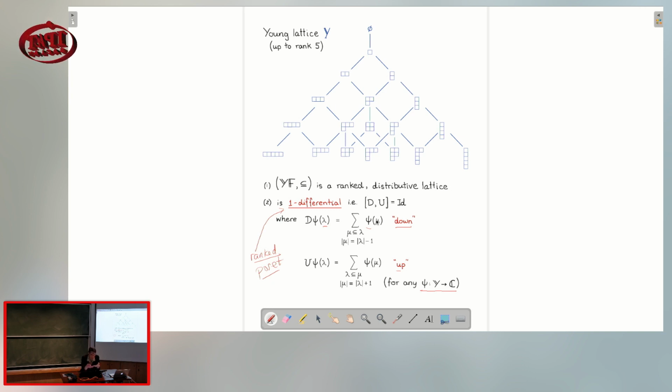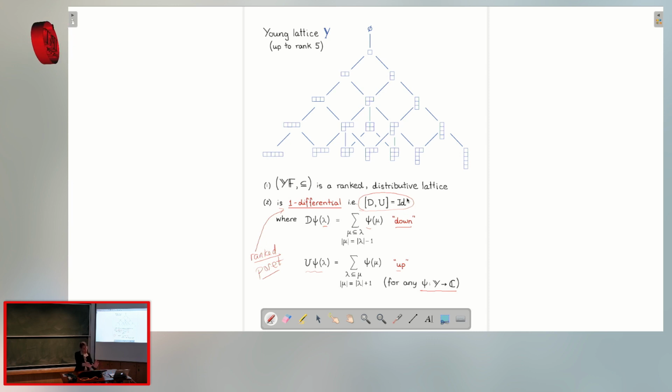In other words, contained in lambda and differ in rank by 1. And dually we have an upper operator, and together the one differential property is that they satisfy this Heisenberg commutator relation.